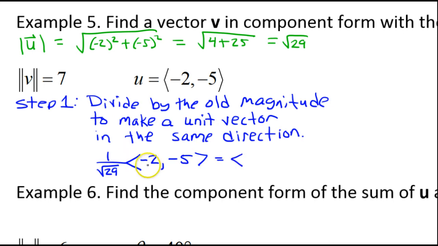So remembering that this is really like having -2 over 1 and -5 over 1, I'm just multiplying straight across, and that's going to give me -2 over root 29, comma, -5 over root 29. Okay, so what we have here is a unit vector in the same direction. So this thing right here has magnitude equal to 1.